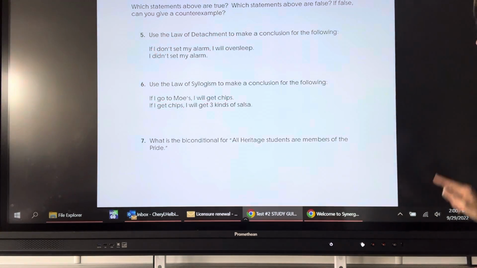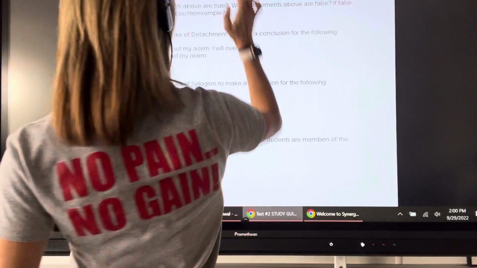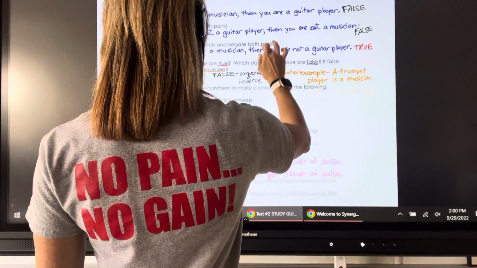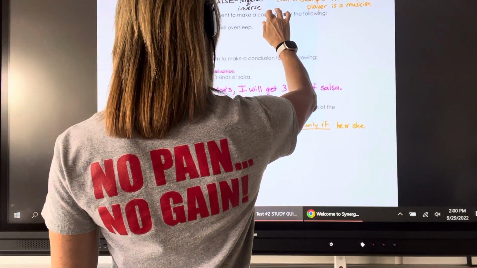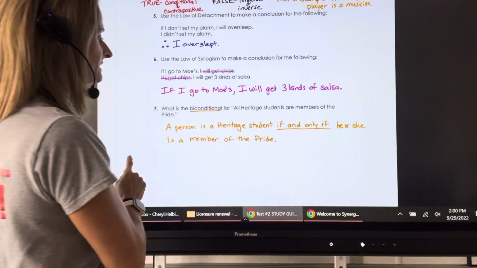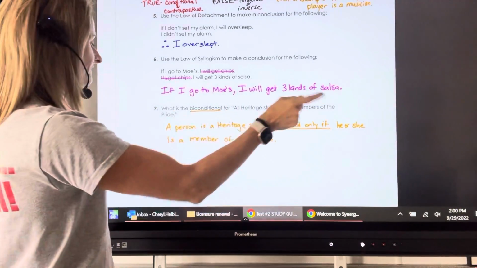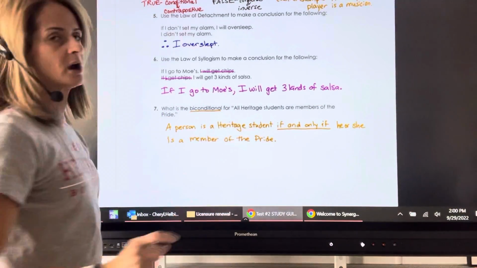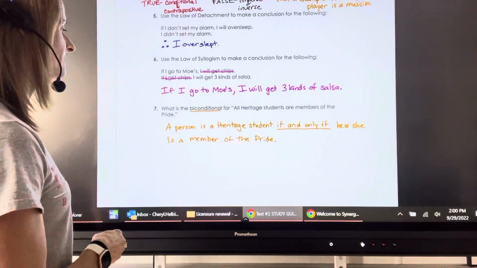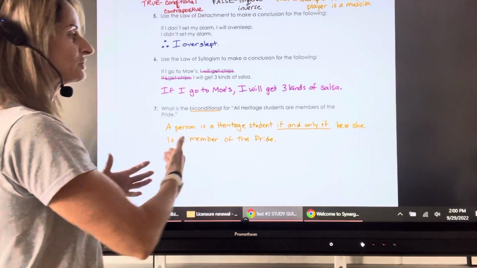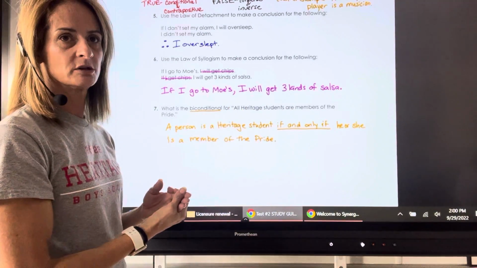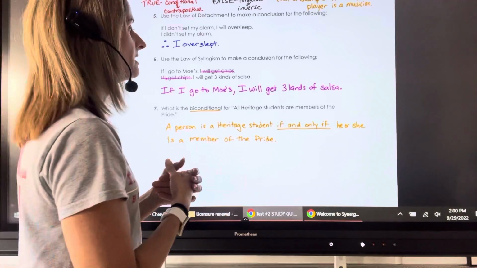So I'm going to erase this. I'm going to take you to the answer here and show you. A person is a heritage student if and only if he or she is a member of the pride. Okay, because if I write, if you're a heritage student, then you're a member of the pride. That's true. We'll just say it's true, okay?